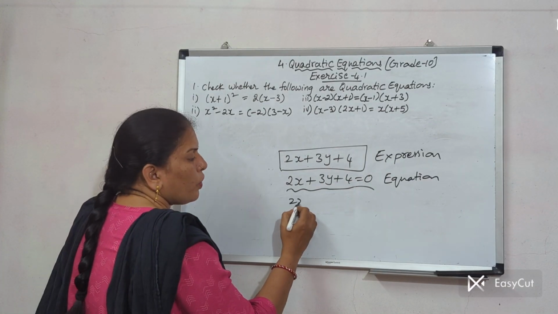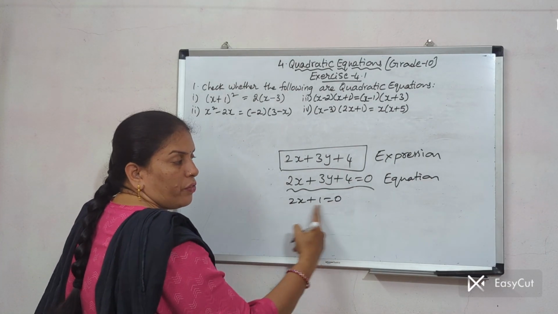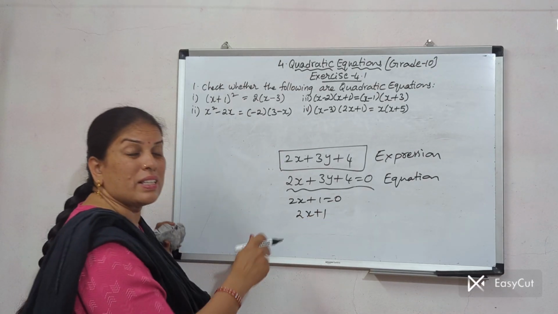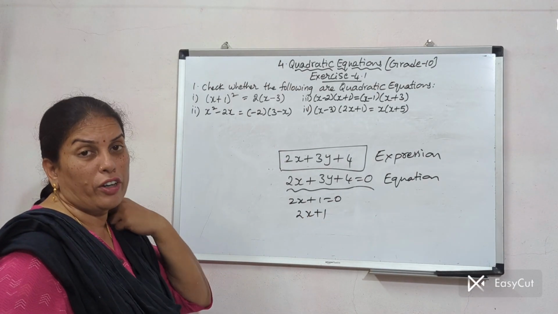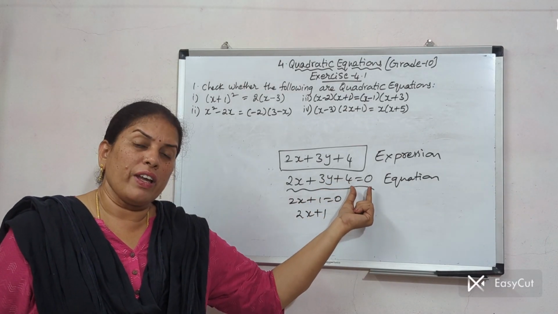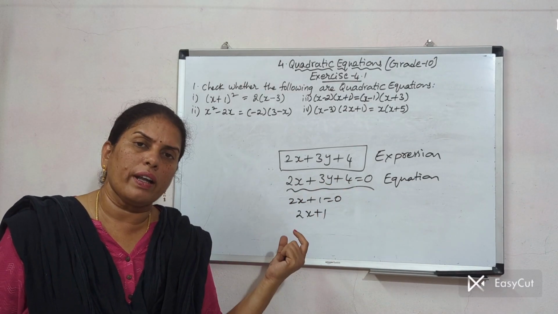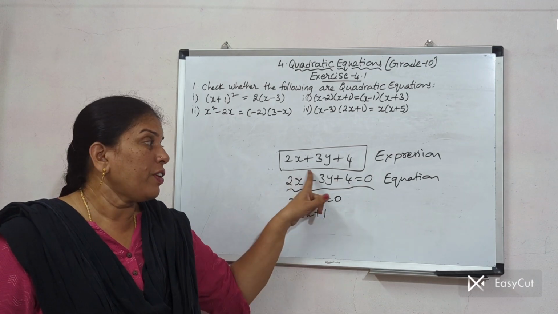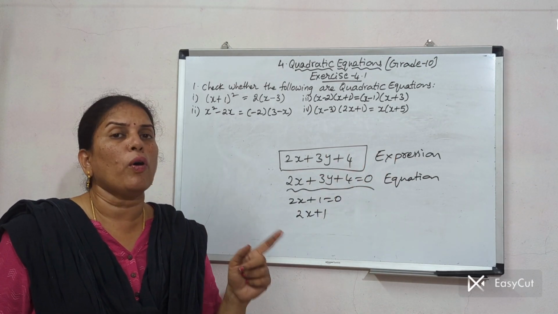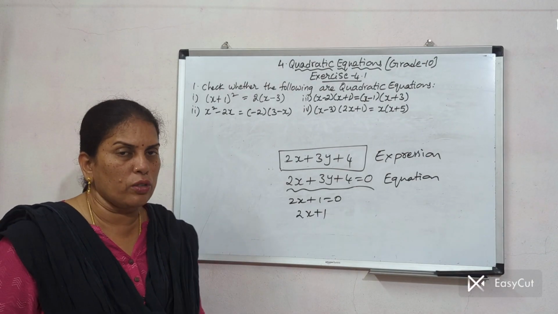See here, 2x plus 1 equal to 0. This is an equation. 2x plus 1 is an expression or polynomial. All of you understood, children? If an expression is equal to 0, it is called an equation. If it is not equal to 0, it is called an expression or polynomial. All of you understood?